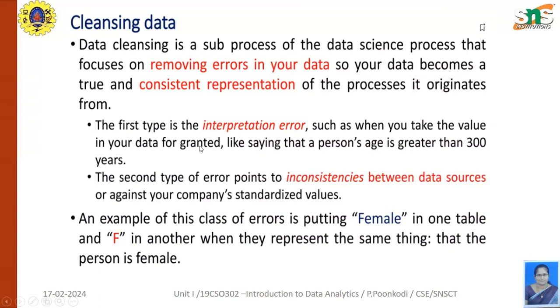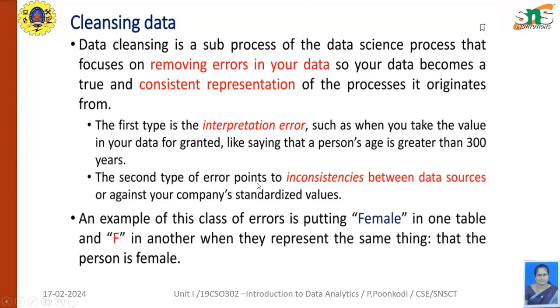The first type is interpretation error, such as when you take a value in your data for granted, like saying that a person's age is greater than 300 years. That is a false statement, right? If this kind of value is identified, it should be removed.